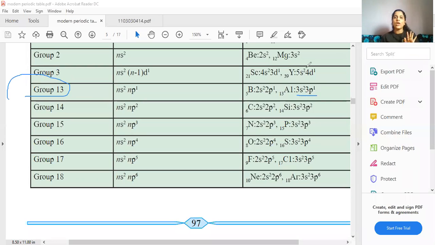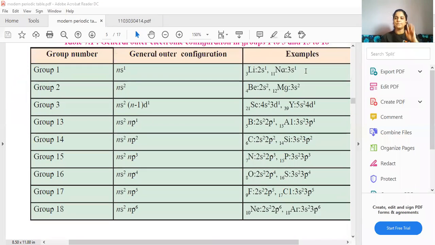Students, I'll tell you how you can conclude this. For example, lithium. Where is lithium present? Lithium is present in the S block. Lithium is present in the first group. So it is very obvious that the end configuration of lithium is going to be s1. The s indicates the subshell.